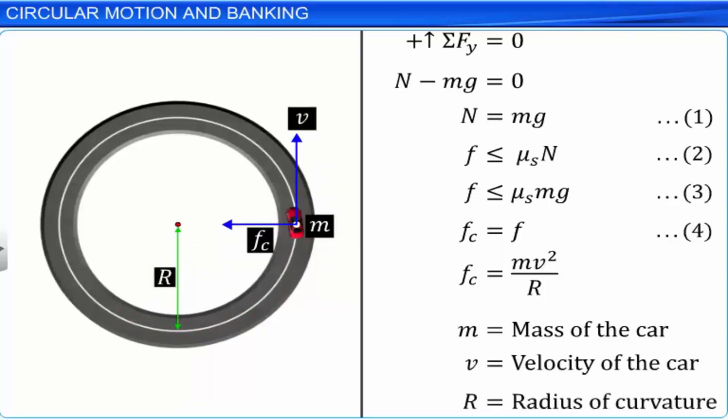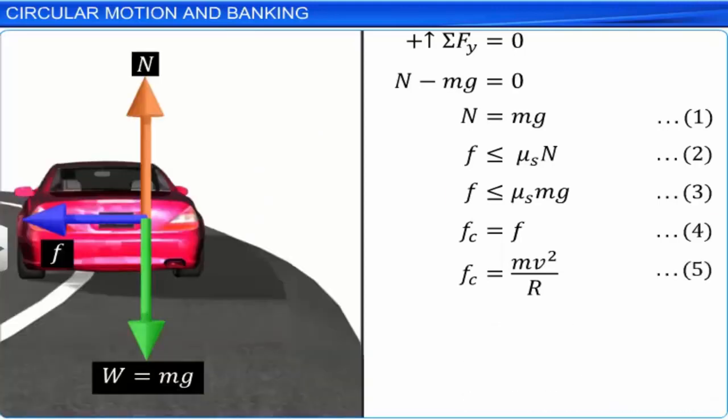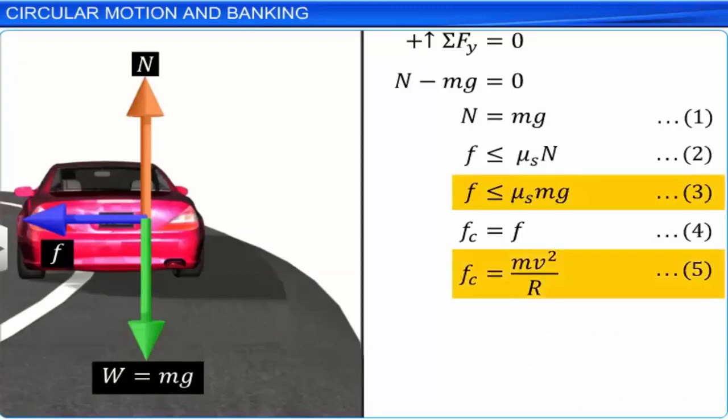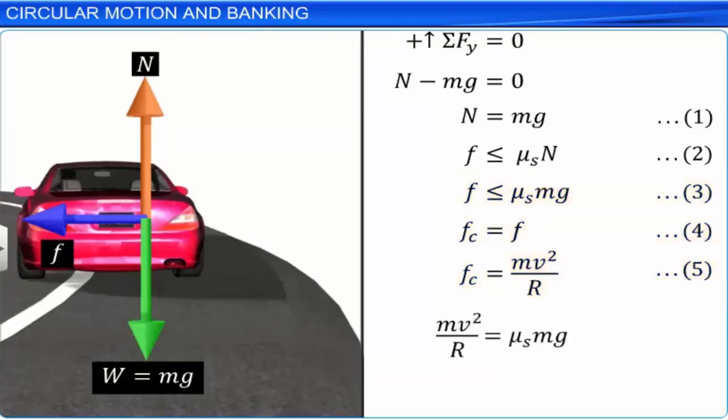Let us call this equation 5. Substituting equations 3 and 5 in equation 4 and simplifying, we get maximum velocity, Vmax, as the square root of μs r g.